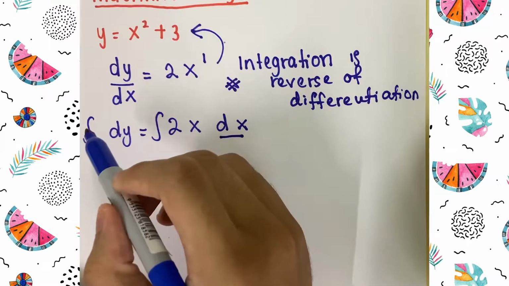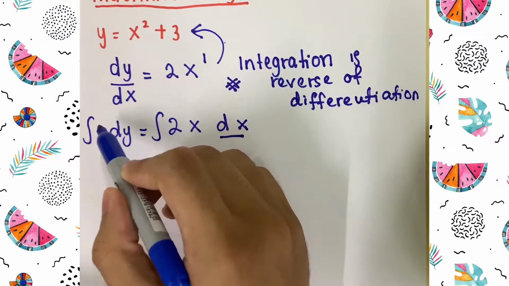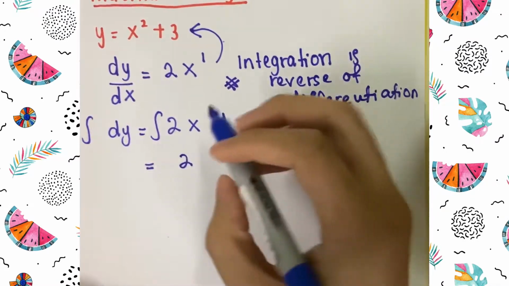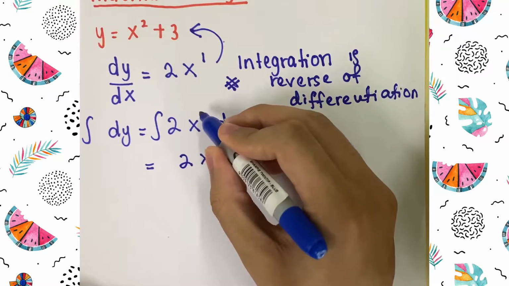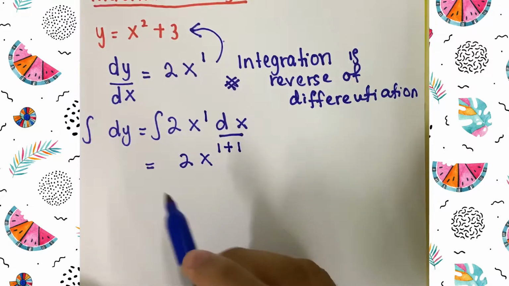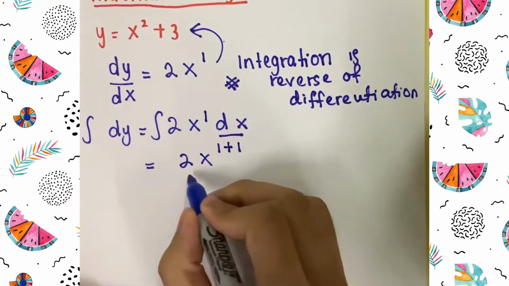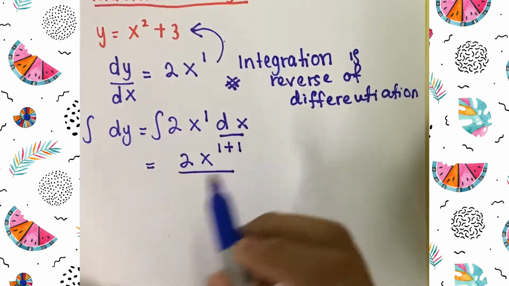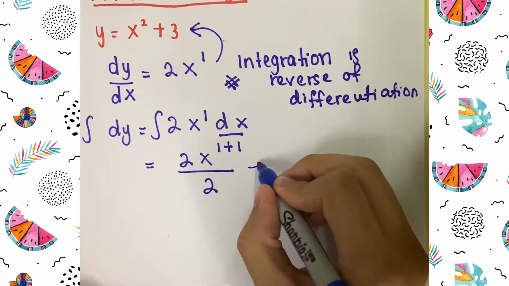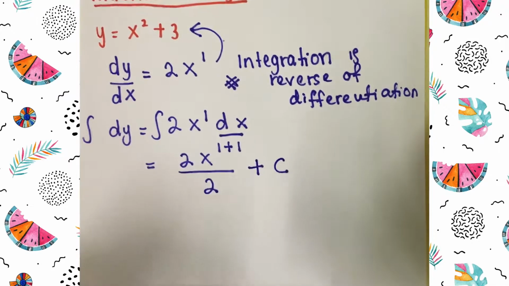I'm going to go a little bit on that later on the dy part. So what you want to do is x to the power of 1, you want to plus 1 because this is to the power of 1. So 1 plus 1 and you divide by 1 plus 1, which is 2. And then you just plus c. The c stands for a constant.